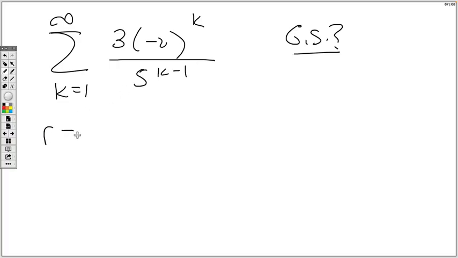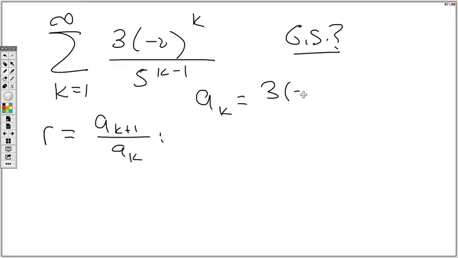So remember, R is A sub K plus 1 over A sub K. So our A sub K is our kth term. And then I need to get my A sub K plus 1.